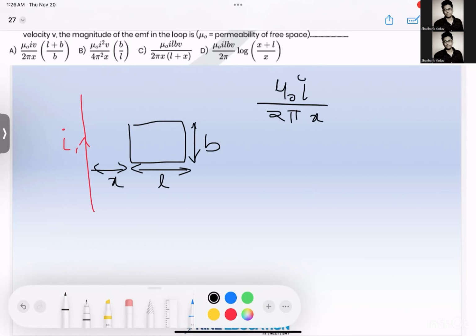Now it is given that this loop is moving in this direction. That means the magnetic field is changing inside this loop. That will give an induced EMF.